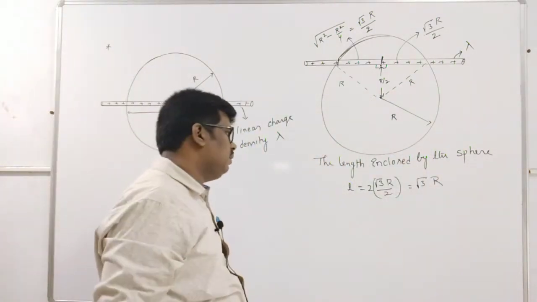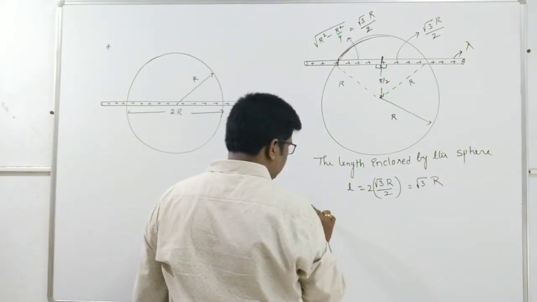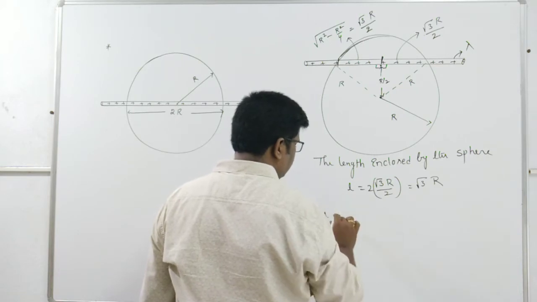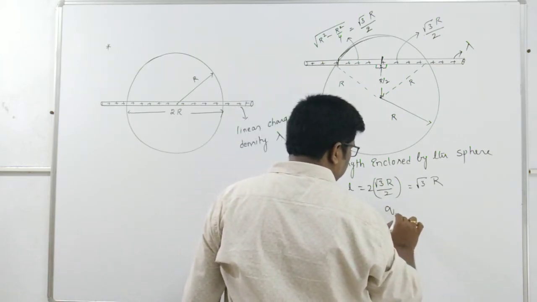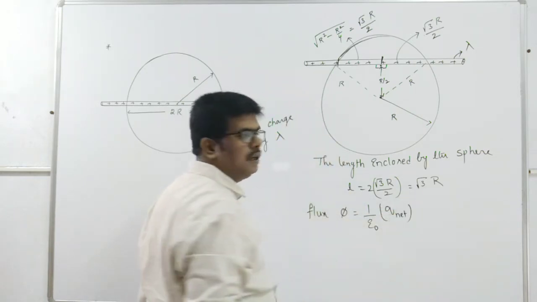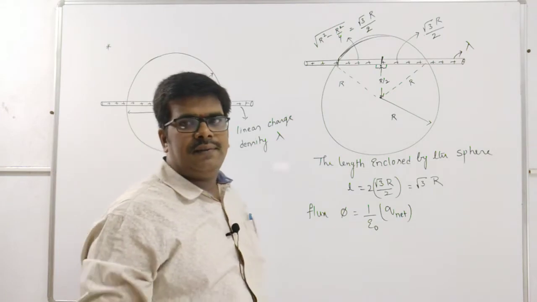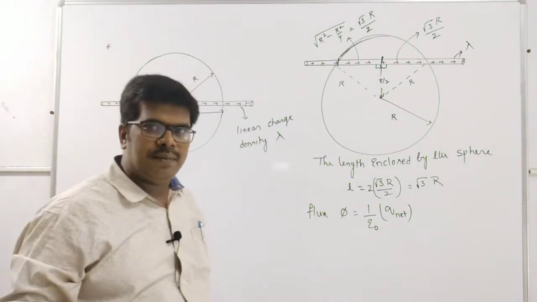Then it is quite simple. Now what is the expression for flux? Flux through a closed surface is phi equal to 1 by epsilon naught times the net charge. Already we know the length of the conductor, so net charge is linear charge density times the length of the conductor enclosed by the sphere.